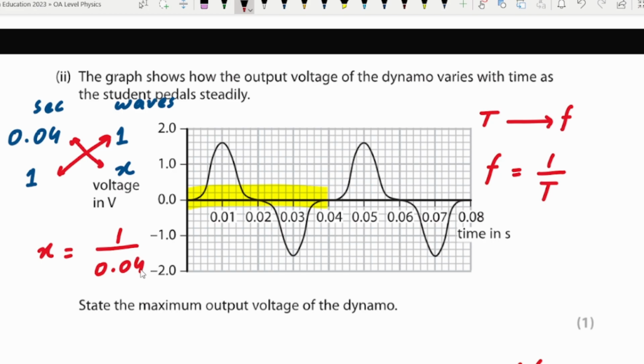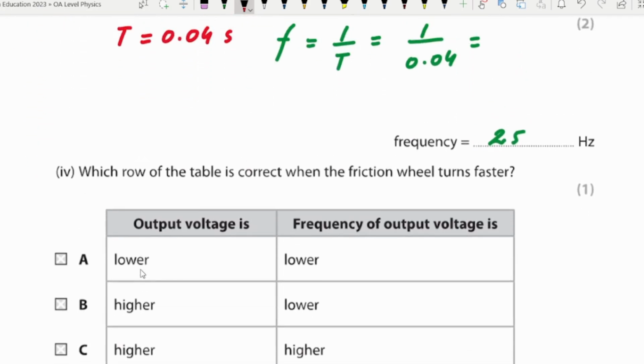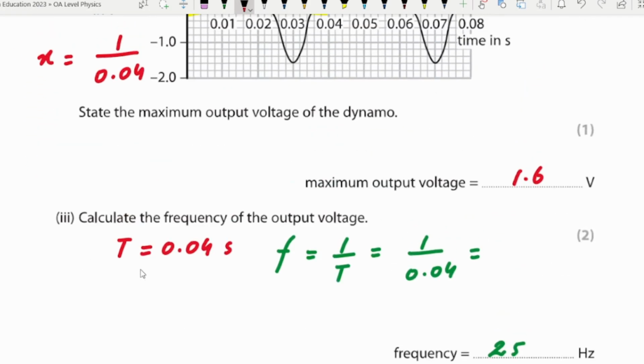Some of you would realize that it is just the same thing. Don't you see, it's just the same thing? T equals 1 over f, and this is basically the same formula we are using, but apparently it might be looking different. Are we clear with this?